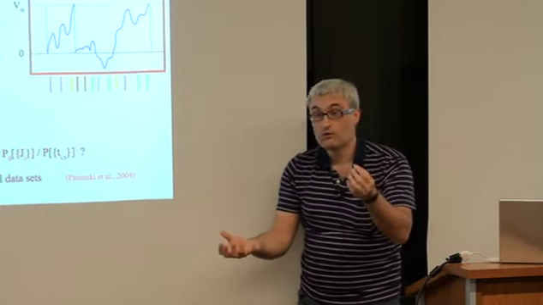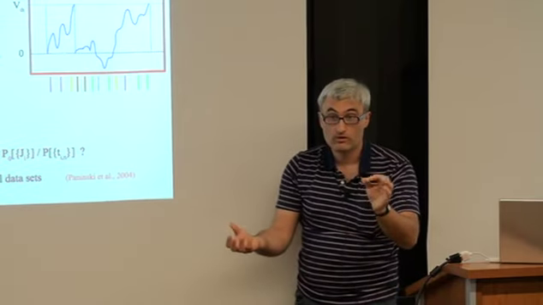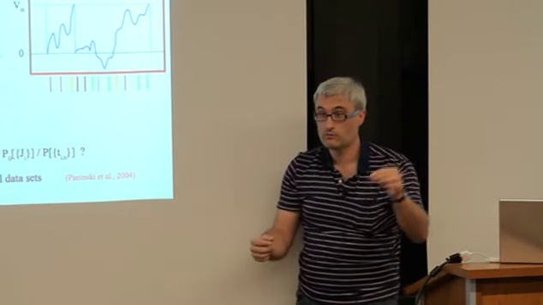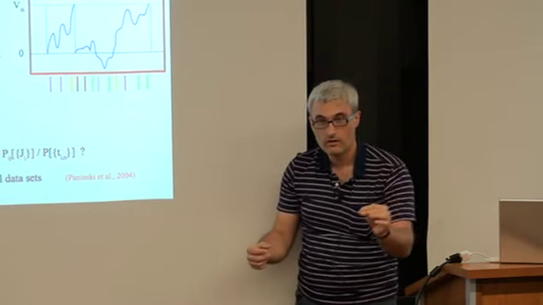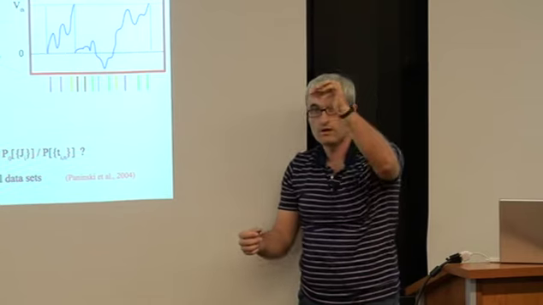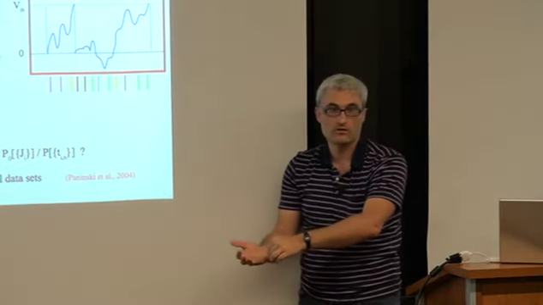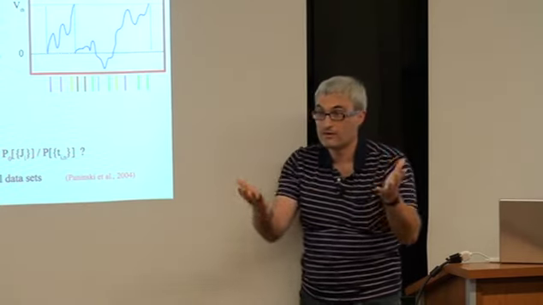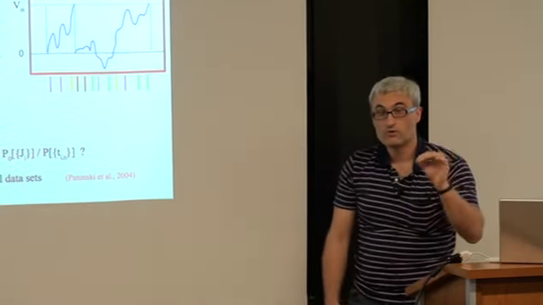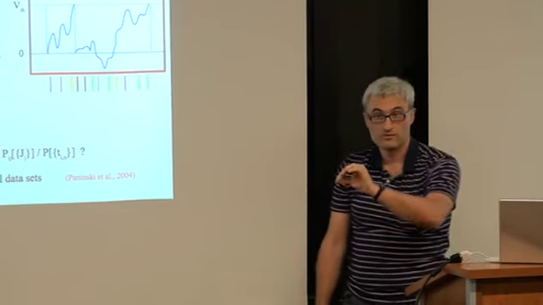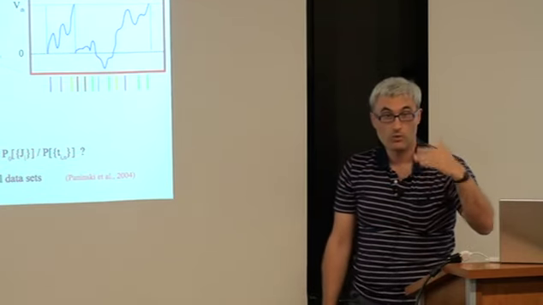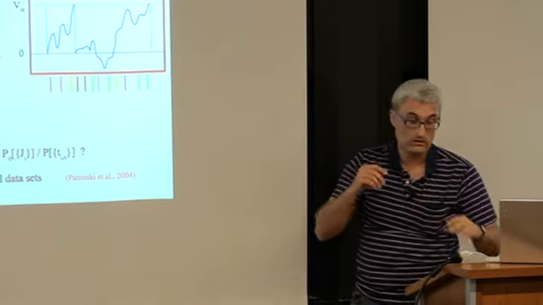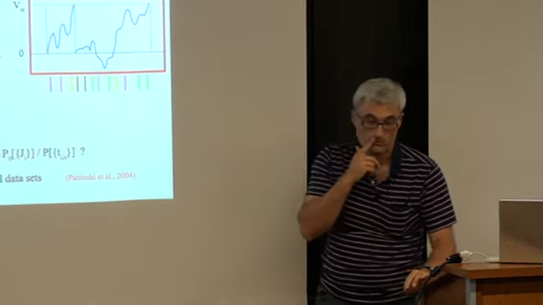Now, if you have a small temperature, very small compared to the height of the barrier here, then you have a lot of time to spend in this well. At some point, there will be barrier crossing, and then there will be relaxation in the other one. And the path, which is the reaction path, like in chemistry, if the temperature is very small, it's highly deterministic. Other paths have a very low probability. And this is what is going on here, although intuitively it's not clear that that's going to be the case.